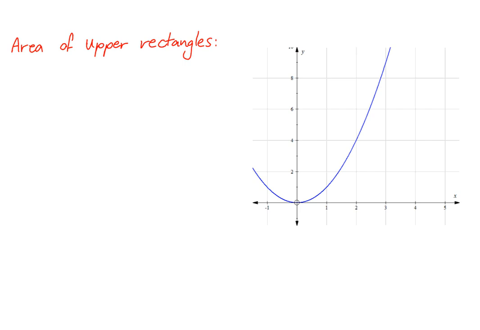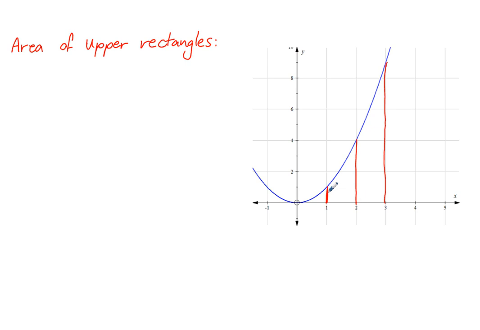Now we're going to repeat the process to find another estimate, but this time we're going to use upper rectangles. So remember, we're trying to find the area from 1 to 3. I'm still going to divide this into two sections.